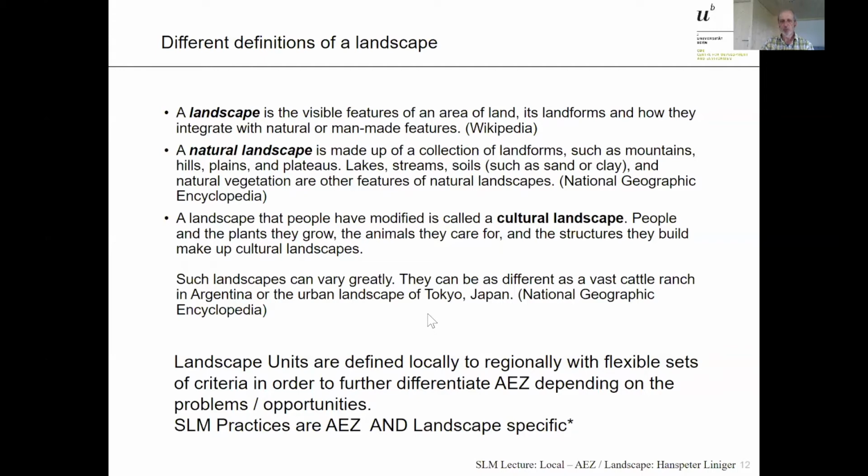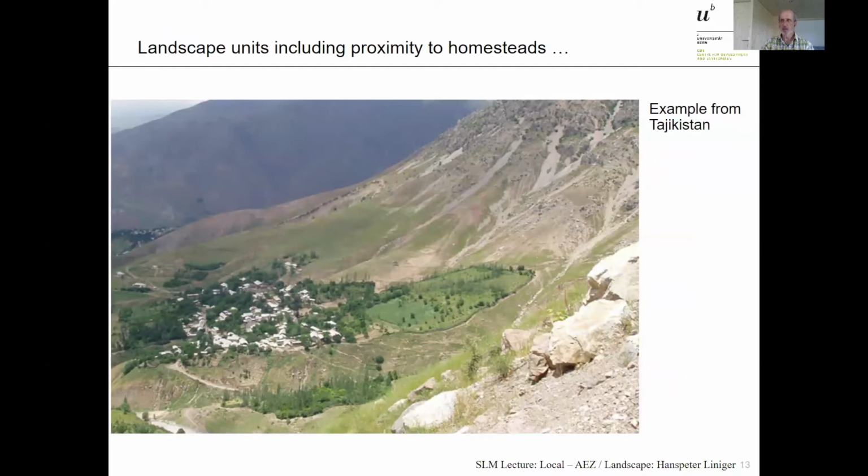To me, it's very important to do this. I wish we could go to the field and do it together. And when we have done this, it's a great help to assess where are the opportunities for sustainable land management improvements. Okay, let's take an example here. We go to Tajikistan, a village situation.